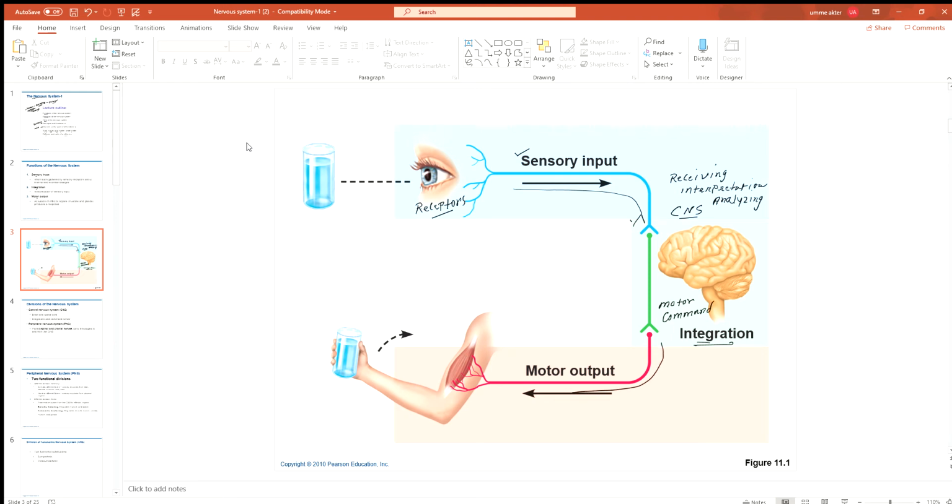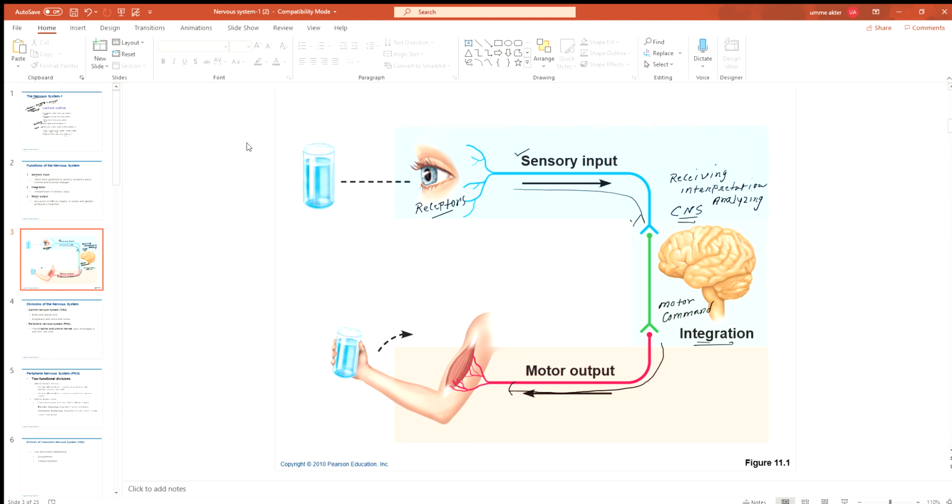Through the motor nerves to the muscle. Why to the muscle? Because after you see a glass of water, your eyes send signal to the brain for interpreting, analyzing, and what the brain or central nervous system does in this case. First, your brain will quickly decide if it is water or something else.